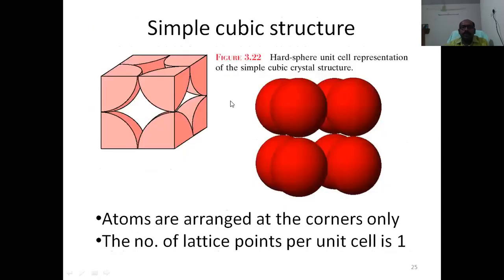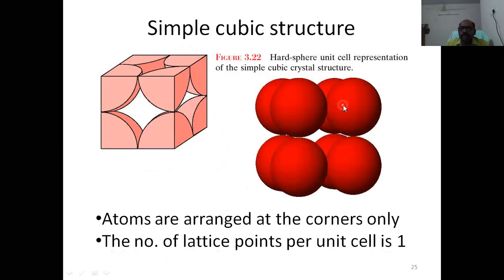That is about FCC. Now the simple cubic structure. In the simple cubic structure, the lattice points are located only at the corners of the cube.